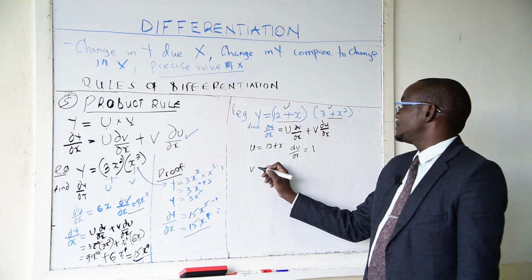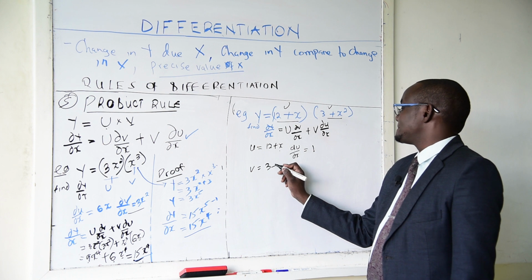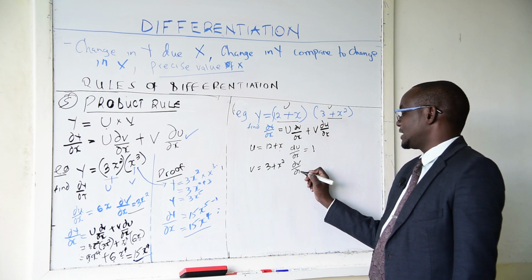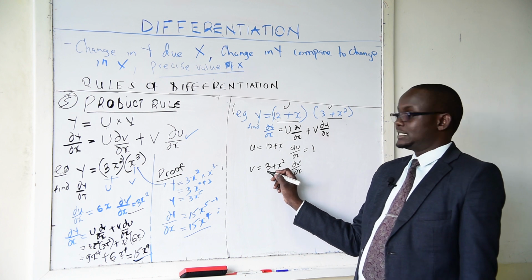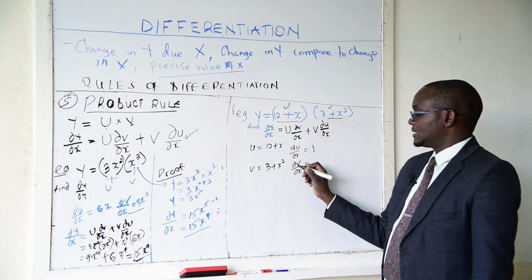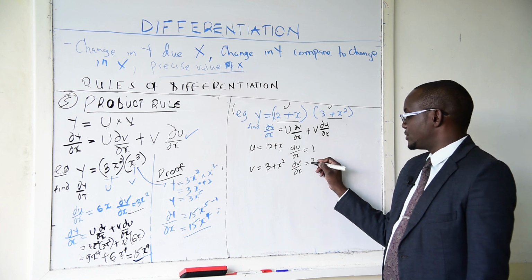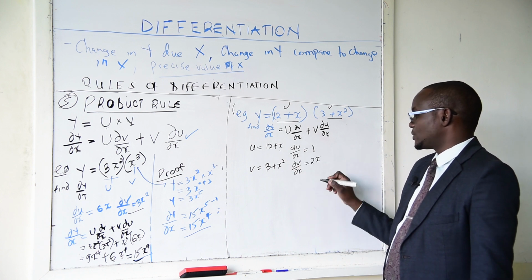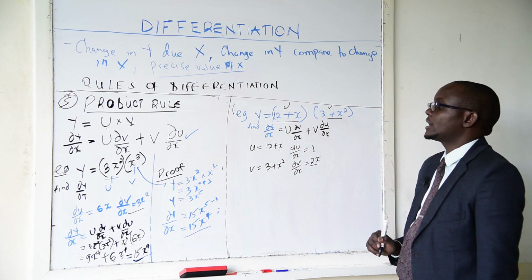Then you have our v equals 3 plus x squared. So dv over dx, these are constants, you get a 0 here, so that disappears. So here we are left with x squared. You take 2 multiplied by x, you get 2x. Then 2 minus 1, you still get 1. So that means it's 2x.